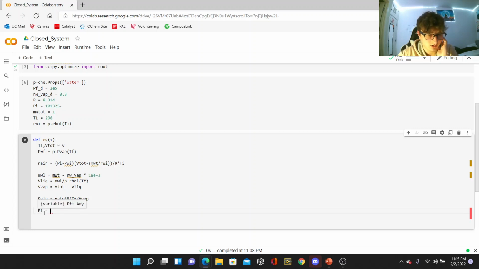We're going to drive these to 0 in order to get them as close as these. And by doing that, we are simultaneously changing these two right here. But we also have to change these two values, which I'm about to write, the PF and the moles of water vapor. We have to change those two and drive them to 0 in order to get us to our goal. I hope that made sense.